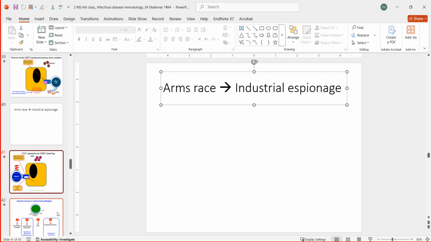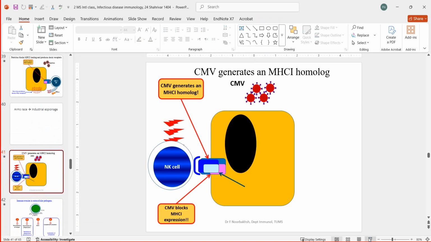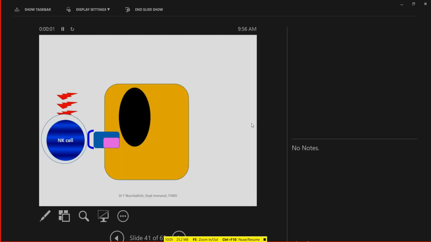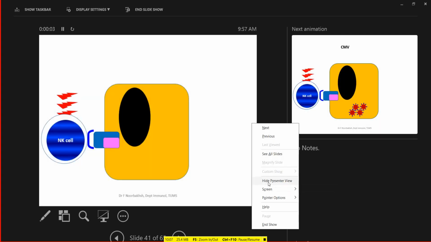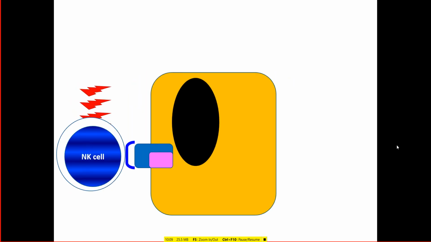All right. So CMVs during their evolution have stolen something from us. Some people call it gene hijacking. They've stolen the information about how to make an MHC molecule from us.